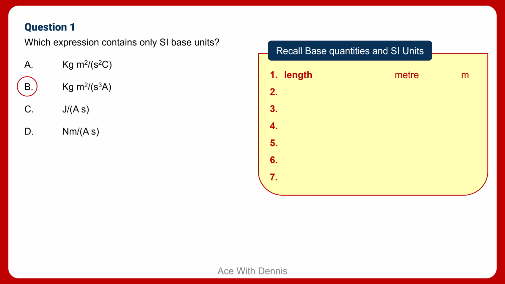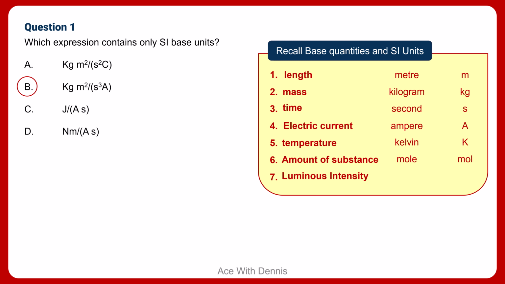Number 4, electric current. SI unit is ampere, symbol A. Number 5, temperature. SI unit is kelvin, symbol K. Number 6, amount of substance. SI unit mole, symbol mol. Number 7, luminous intensity. SI unit is candela, symbol cd.